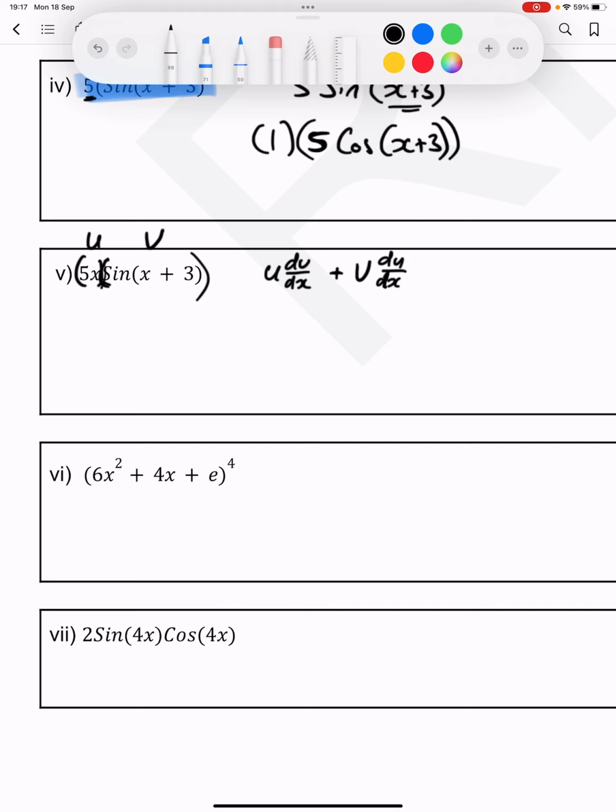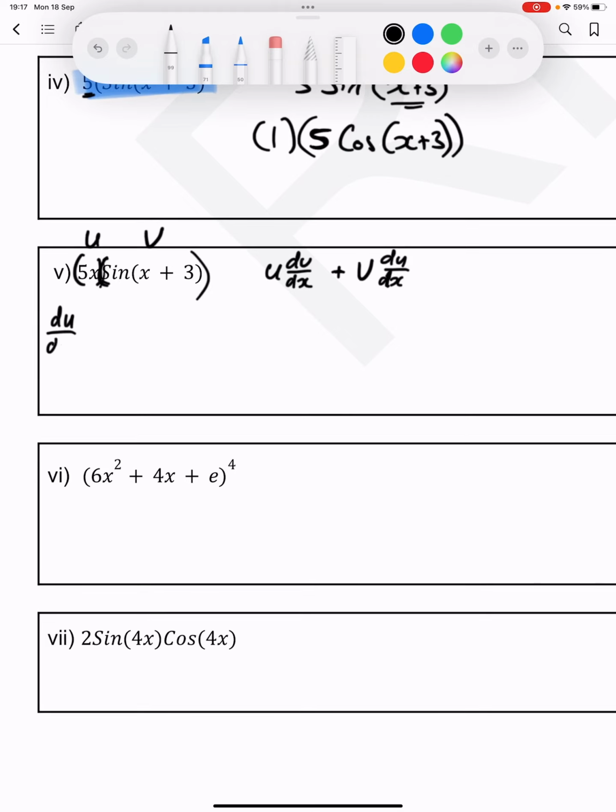So we have our u, we have our v, du dx in this case is 5, dv dx in this case is, so sine becomes cos, and derive what's inside here, so it's 1 cos x plus 3.